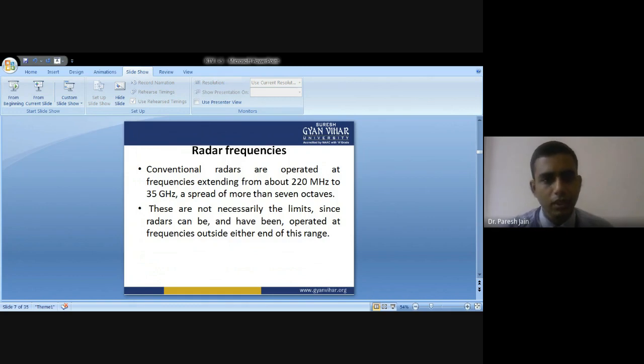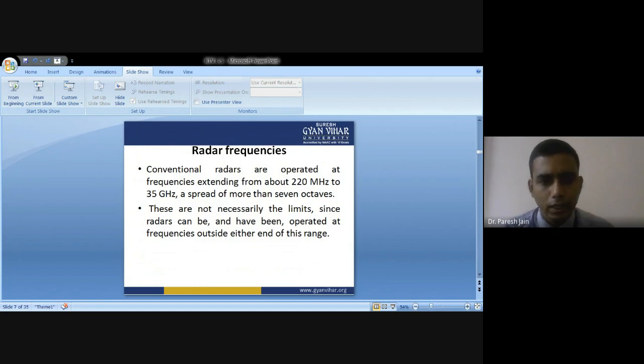In this figure, we can understand the different wavelengths, starting from 10 kilometers. Next is 1 kilometer, then 100 meters, then 10 meters, then 10 centimeters, then 1 centimeter, 1 millimeter and 0.1 millimeters.